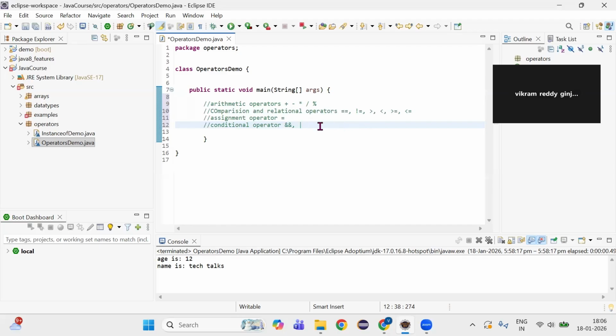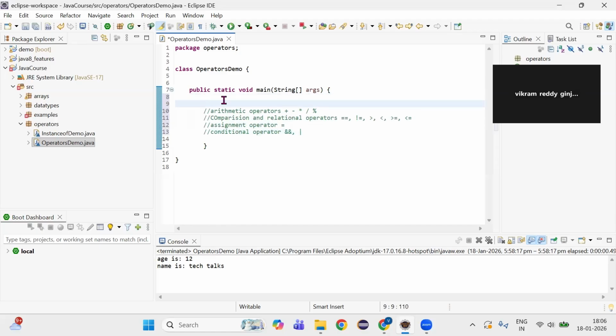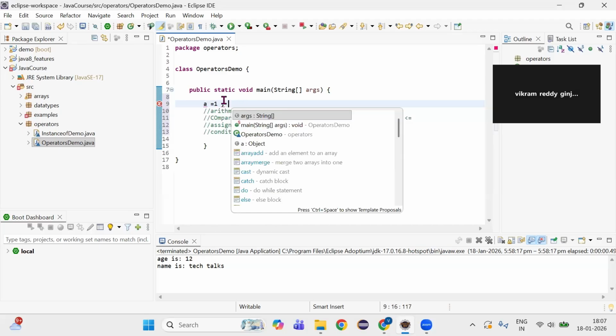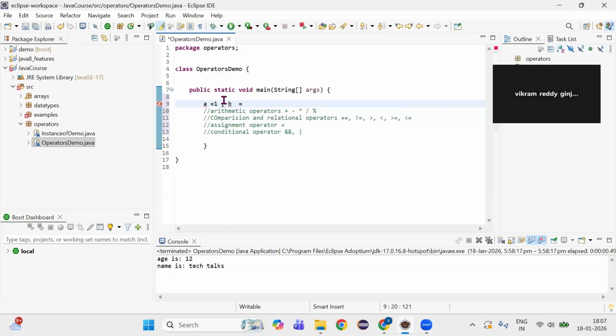For example, suppose I have a as 1 and b as 2. Suppose I want to check if a and b are greater than 0.